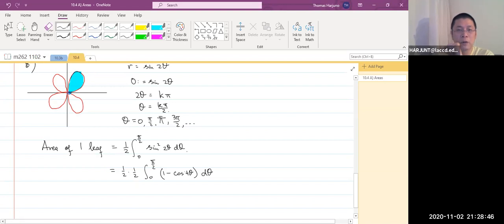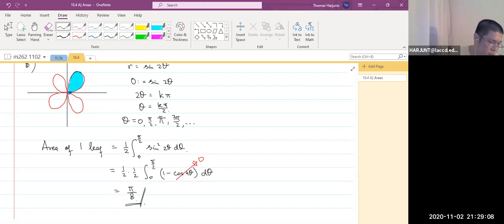But the period of cosine 4 theta is pi over 2, so the area for this term of that integral will be 0. The final answer, I get pi over 8. That's for number 8.